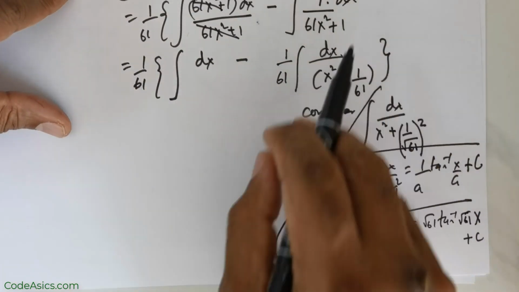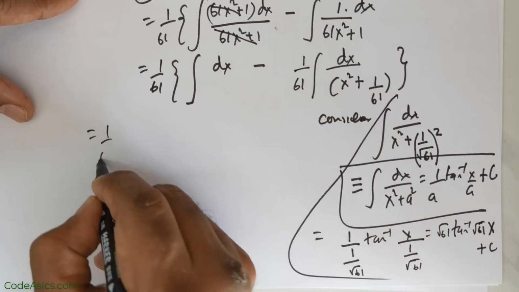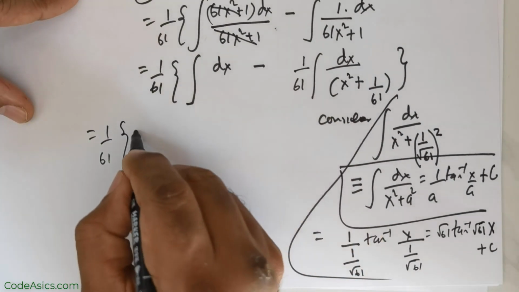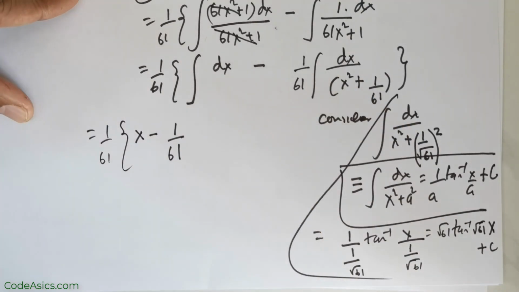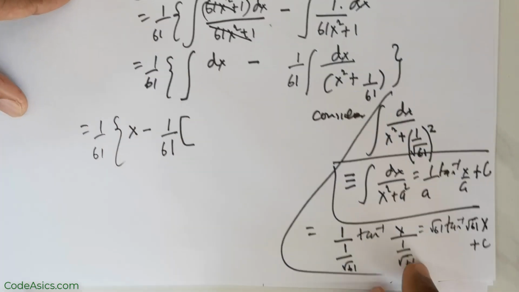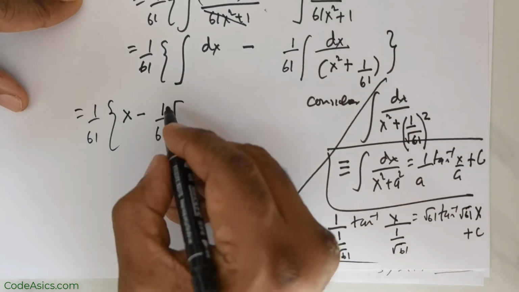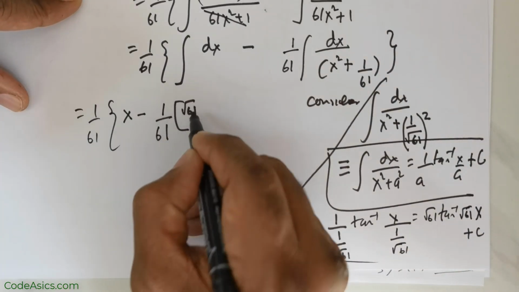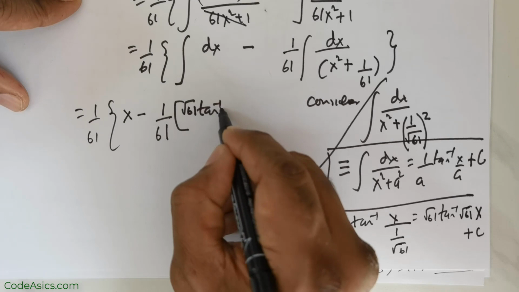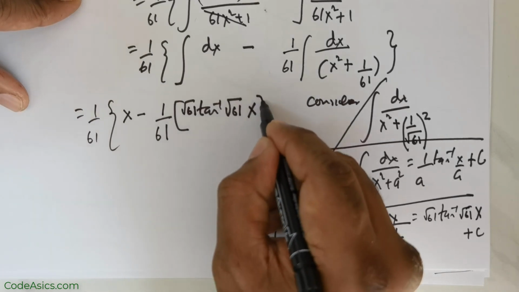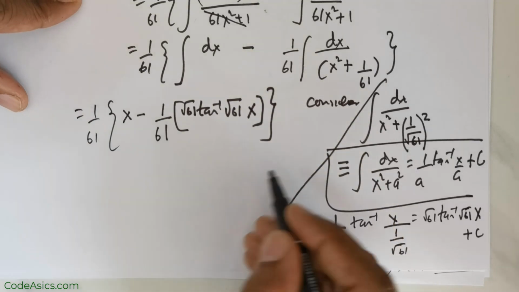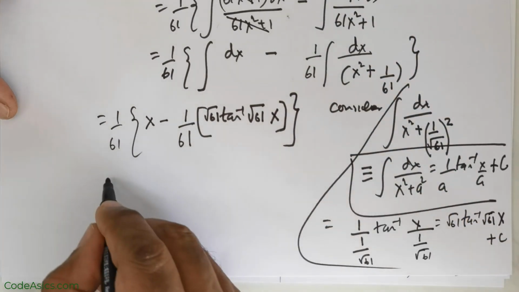Now take this and substitute it here. So this is going to be 1 over 61. Integral of dx is x, negative. There is already a 61 there, place that, and now you place this component. What is that? This is root of 61 times tan inverse of root of 61 times x, and we will have to rewrite this.